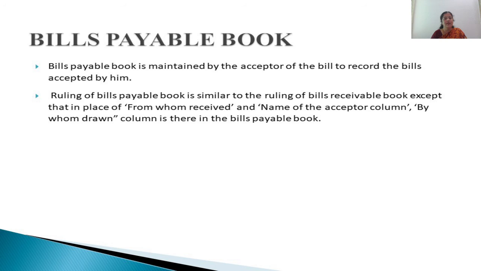Some period of credit is allowed to us, and on the due date we have to pay the amount on the bills. Till now we have not yet paid, but it is definitely payable by us, and it happens to be a liability. So those kinds of bills related details will be recorded in the book.